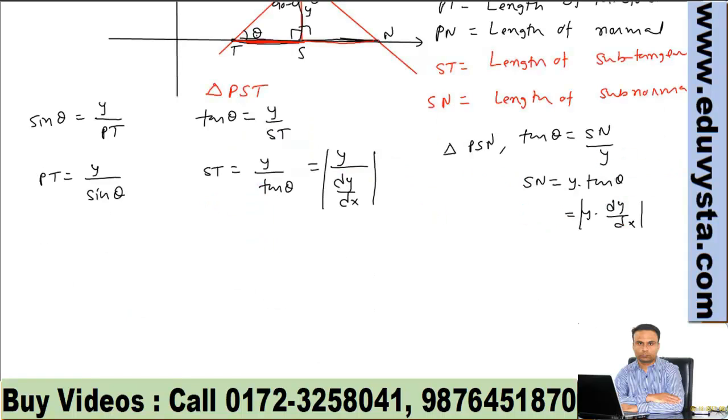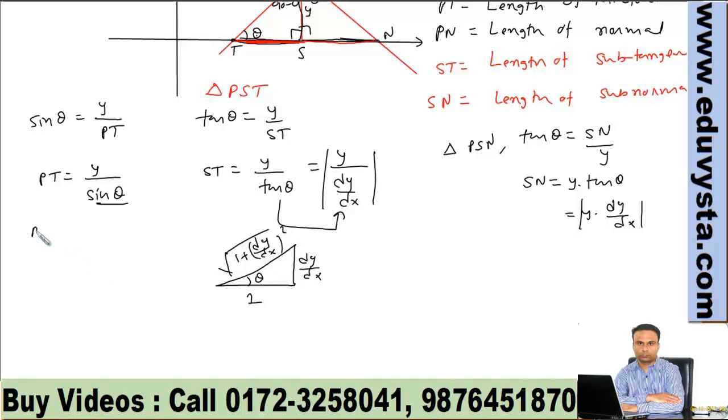Now we can get the value of sin theta in terms of dy by dx because tan theta is dy by dx. So how do you get sin theta when tan theta is given? By the simple triangle rule. This angle is theta, say this side is dy by dx, then this is 1 because tan theta is dy by dx. Then this hypotenuse is square root of 1 plus (dy by dx) squared.